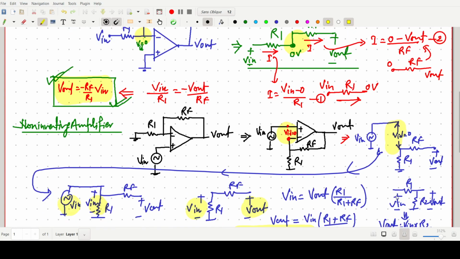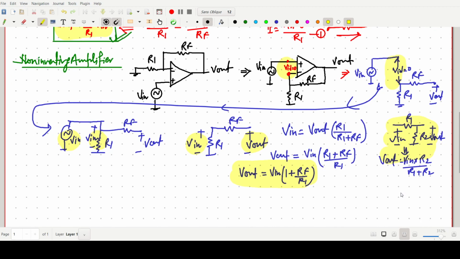So we have to apply the voltage division rule, and we can find the non-inverting amplifier as V output equals V in times 1 plus RF by R1. So once again I am writing the expression: V output equals 1 plus RF by R1, into V in.